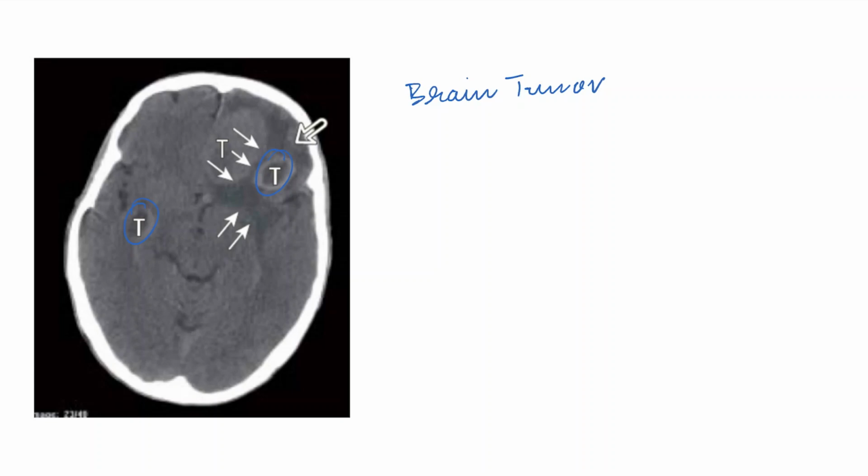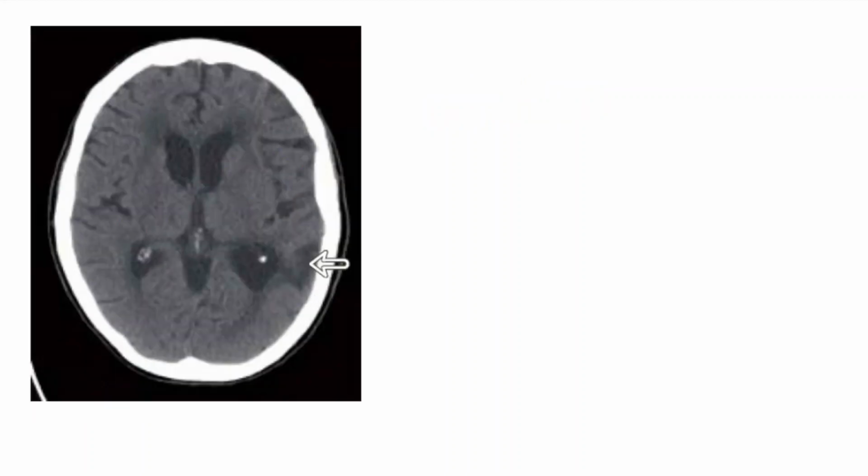All these arrows show white matter edema. This one and this one. This is a grey matter. In case of brain tumor, there is no grey matter edema. I repeat, a brain tumor is round or oval. The edema is confined only to white matter, and there will be a mass effect that persists over time. This is how you differentiate between ischemic infarction and brain tumor.